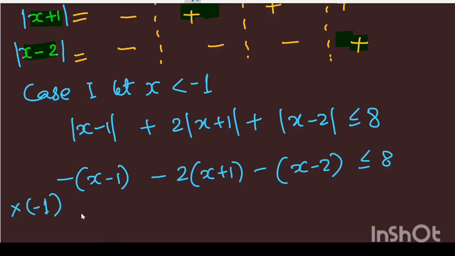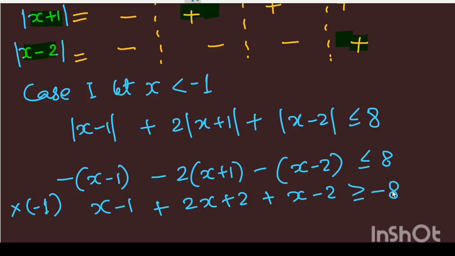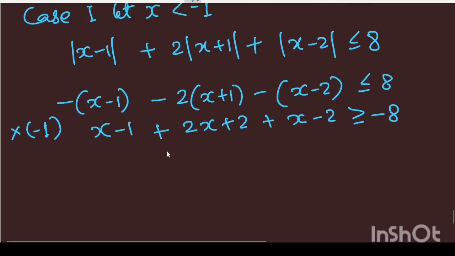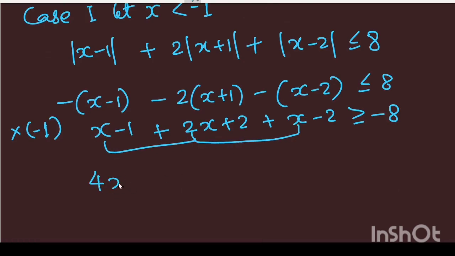Multiplying by minus 1 both sides, this becomes x minus 1 plus x plus 1 plus x minus 2, and the sign gets reversed, it becomes greater than or equal to minus 8. Now x plus x plus x, which is 3x. Similarly, minus 1 plus 1 is 0, minus 2 is minus 2. So 3x minus 2 greater than or equal to minus 8.